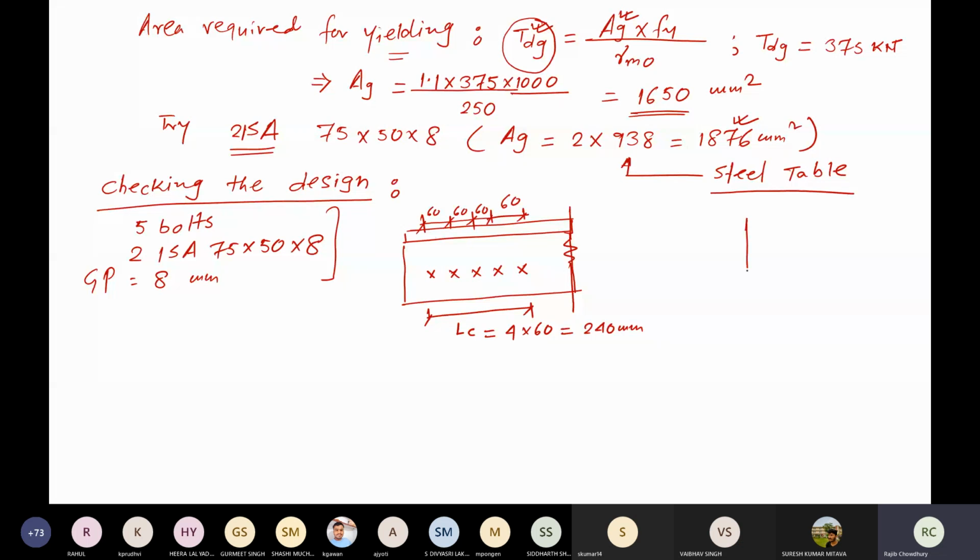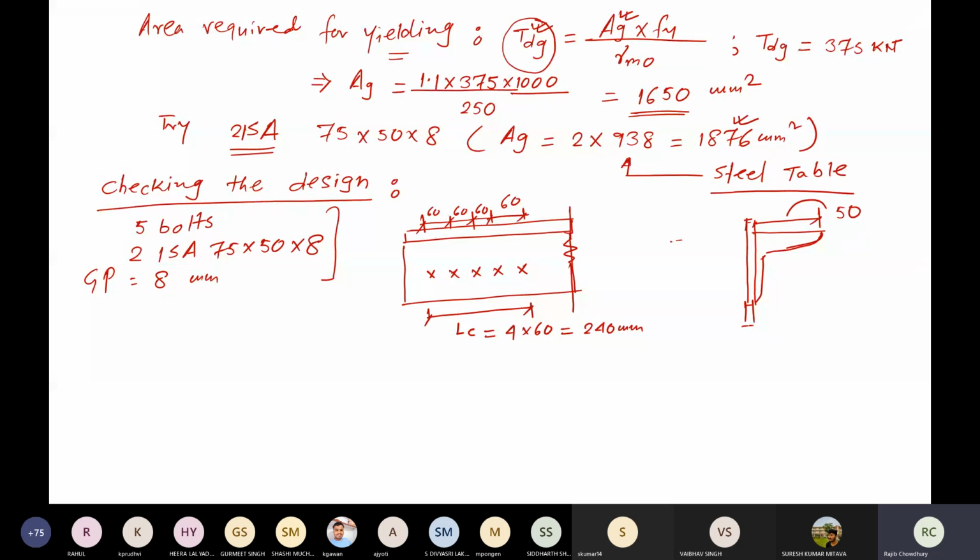Now on the other view, this is the gusset plate. Over this gusset plate, the point would be which particular angle leg I am going to connect over here. Let's say I am connecting only the longer leg. That means the 75 mm long leg I am connecting over here. So this becomes 50, and the other one becomes 75 mm.